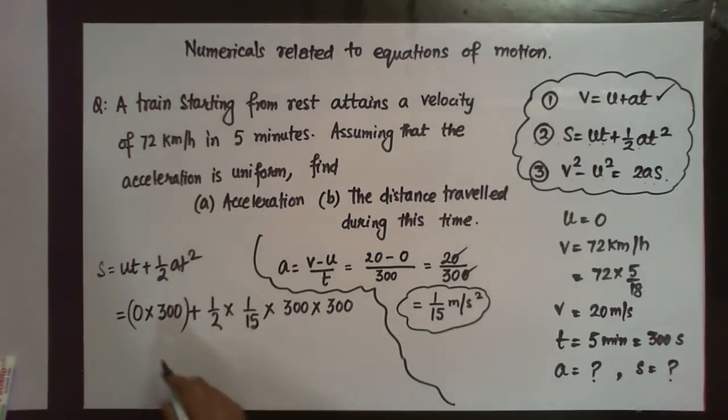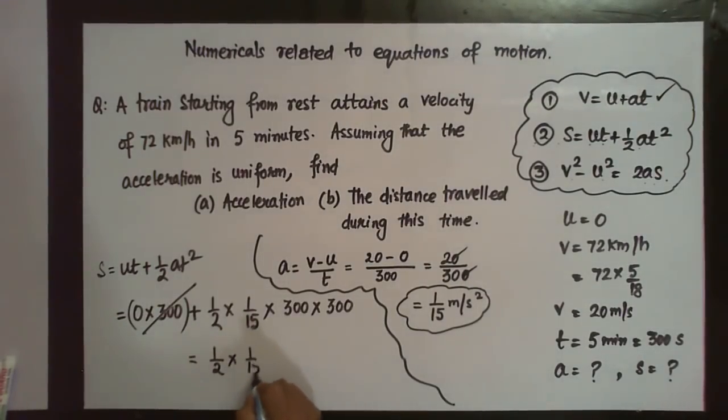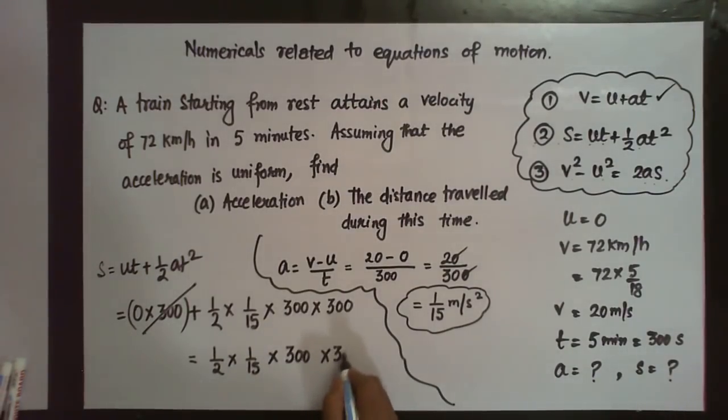Okay, so this becomes 0. So we get half into 15 into 300 multiply 300.